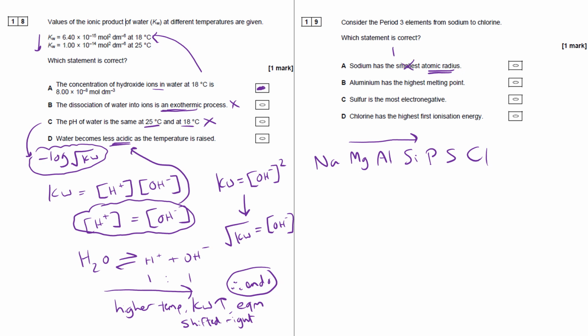So sodium would have the largest atomic radius. Does aluminium have the highest melting point? It's metallic bonding, got very high charge density in terms of its ions, so it would have very high melting point, but in fact silicon has the highest melting point because it's giant covalent.